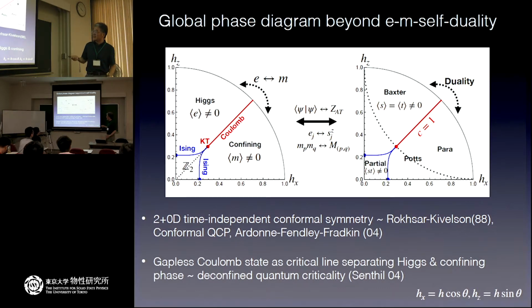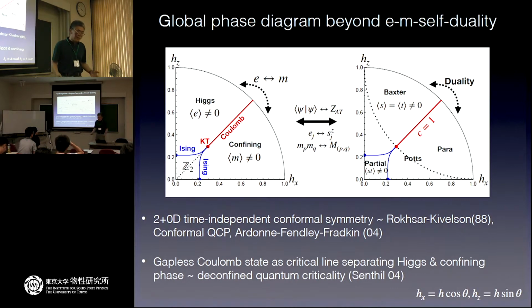This is a more important thing, which people call a conformal quantum critical point or quantum critical line, which is different from the conventional wisdom. In the conventional wisdom, for a two-dimensional quantum system, you would expect the phase transition to be described by a 2+1 effective field theory.